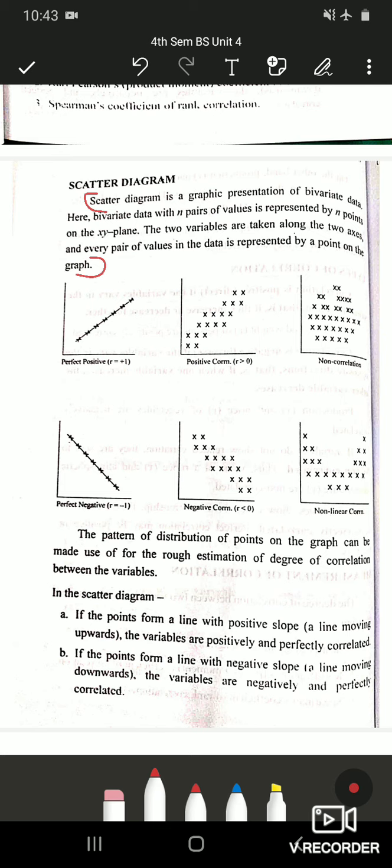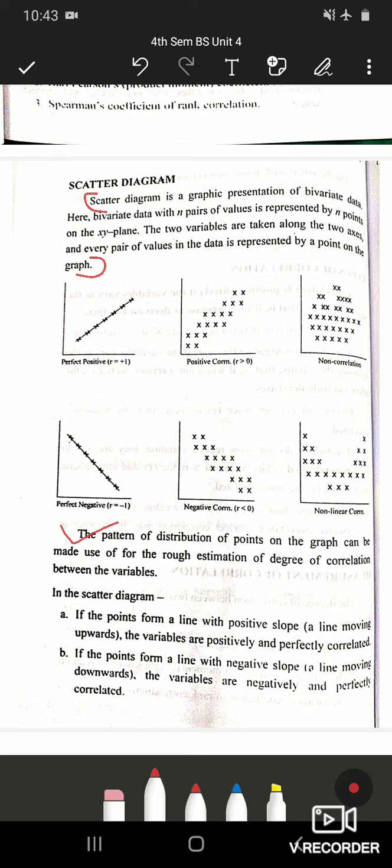Now we will see what are the different scatter diagram plots for different types of correlation. The pattern of distribution of points on the graph can be used for a rough estimation of the degree of correlation between the variables. So why do we use diagrams or graphs?